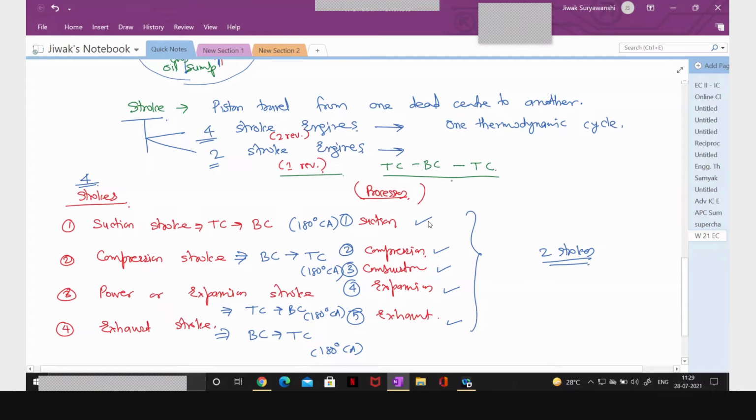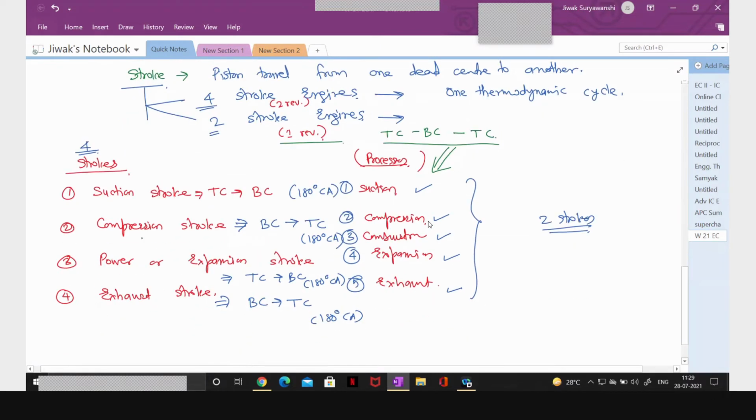Now, if you look here, in a 4-stroke engine this is an unproductive stroke, the suction stroke is an unproductive stroke. Similarly, the exhaust stroke is also an unproductive stroke. So we'll consider only these 2 strokes.